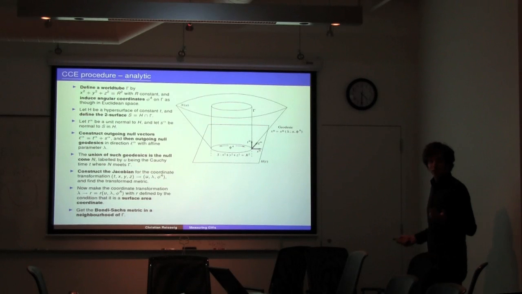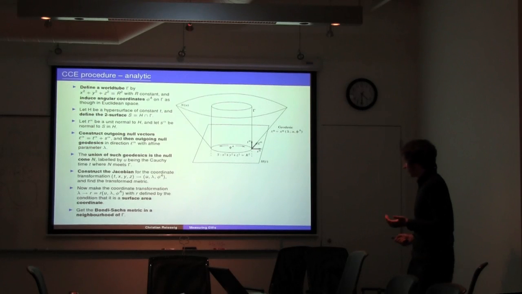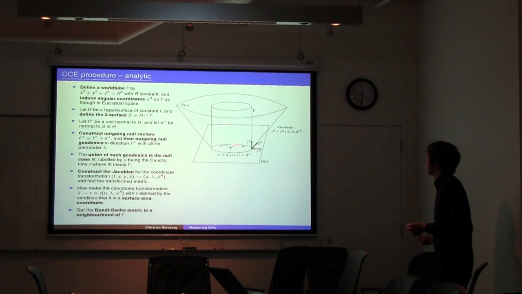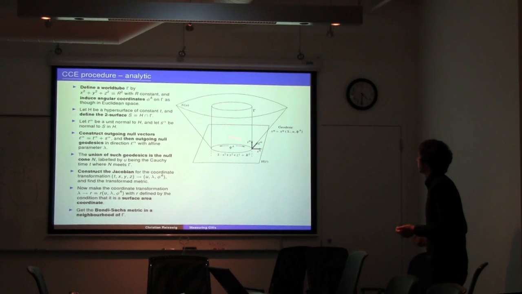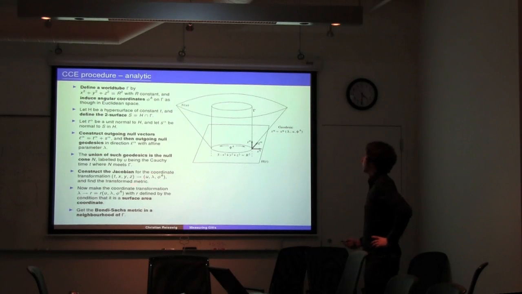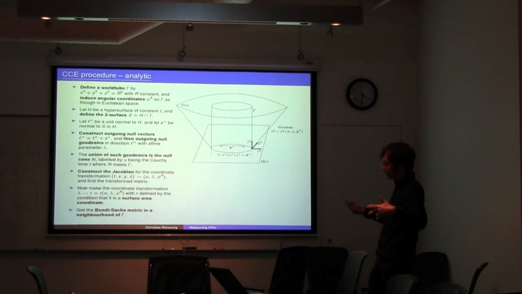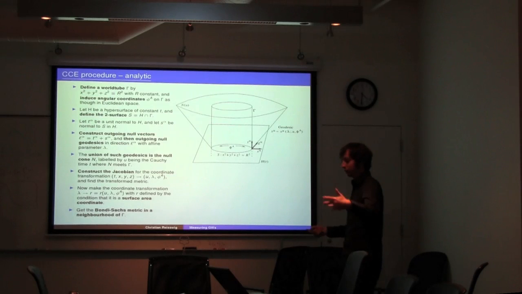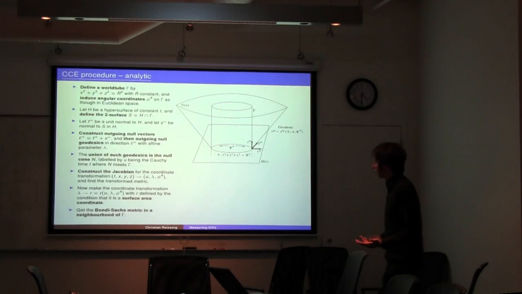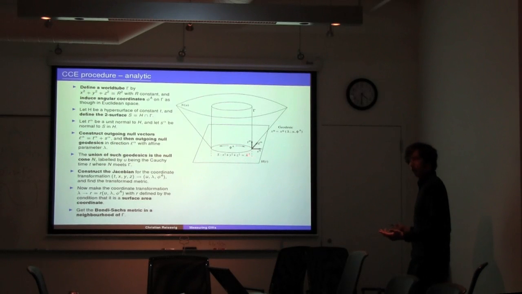The trouble is only that the Bondi metric makes use of an areal coordinate radius, which can only be defined once we have the metric in terms of this affine coordinate system with the angular coordinates of this null ray coordinate system. And so that means that we first apply the Jacobians, transform the metric to this affine coordinate system, and then afterwards we can define the areal radius, and then we apply another coordinate transformation to get the Bondi-Sachs metric in a neighborhood of gamma at the world tube.